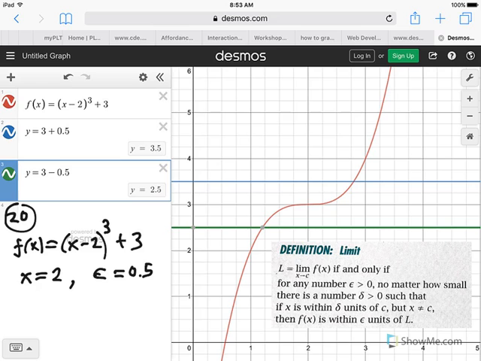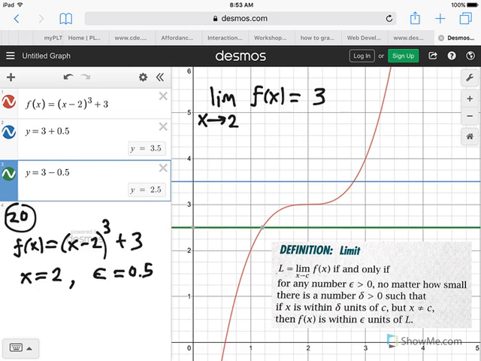So yesterday we looked at number 20, and our function for number 20 is f of x is equal to (x minus 2) cubed plus 3, and we found the limit of the function f of x as x approached 2. And you can see from the graph that the limit of f of x as x approaches 2 would be equal to 3.